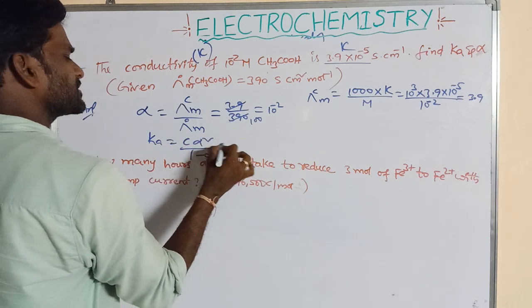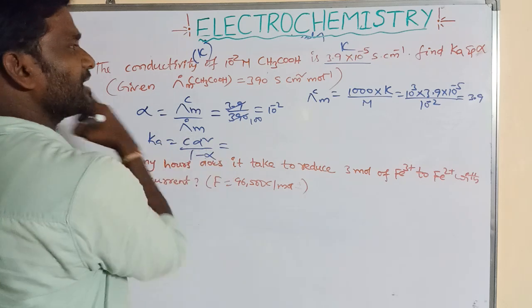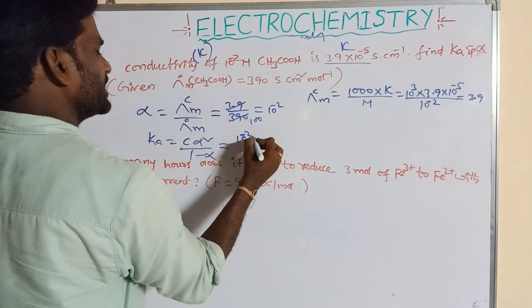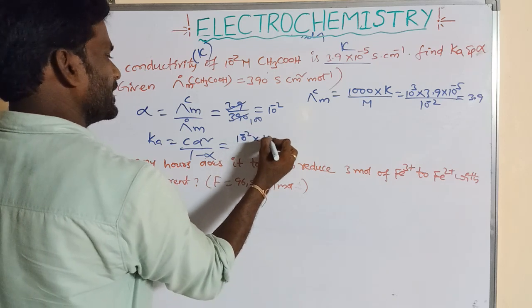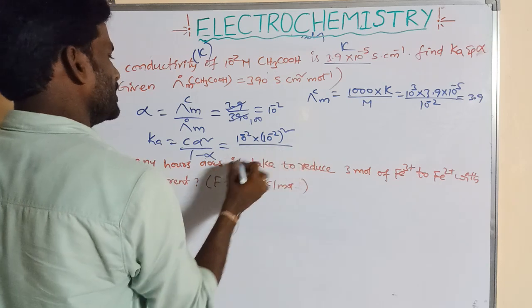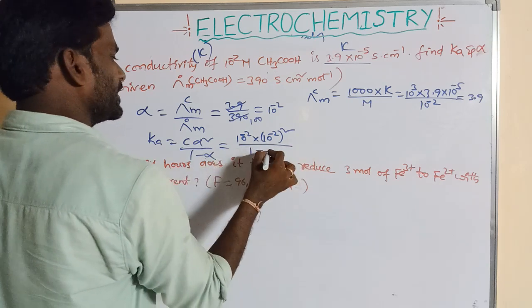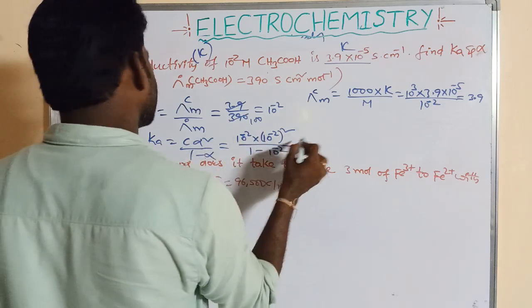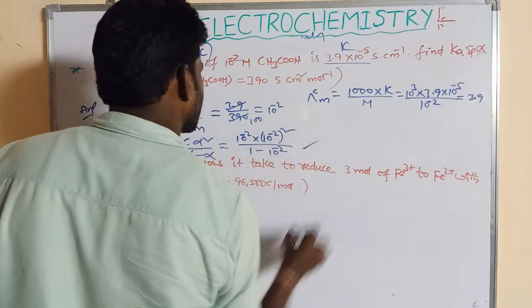All these are applications of Kohlrausch law. What is the concentration? 10 to the power of minus 2 molarity. So Ka is 10 to the power of minus 2 into 10 to the power of minus 2 whole square by 1 minus 10 to the power of minus 2. This is simplified, we got the answer, right.